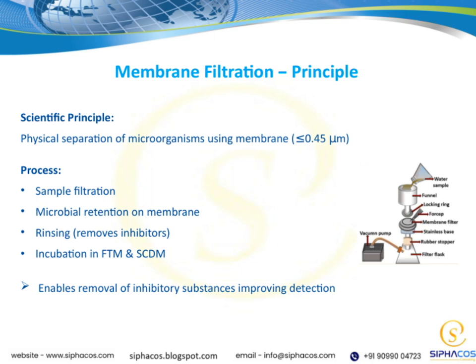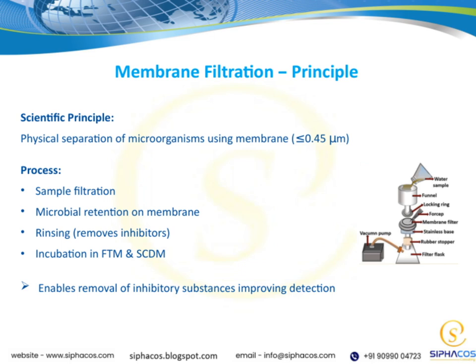Once the microbes are retained and the inhibitors are washed away, the membrane is incubated in specific media like FTM and SCDM. This incubation step is crucial because it supports the growth of any trapped microorganisms, making them easier to detect. An important point to highlight is that this method not only isolates the microorganisms, but also helps remove inhibitory substances.